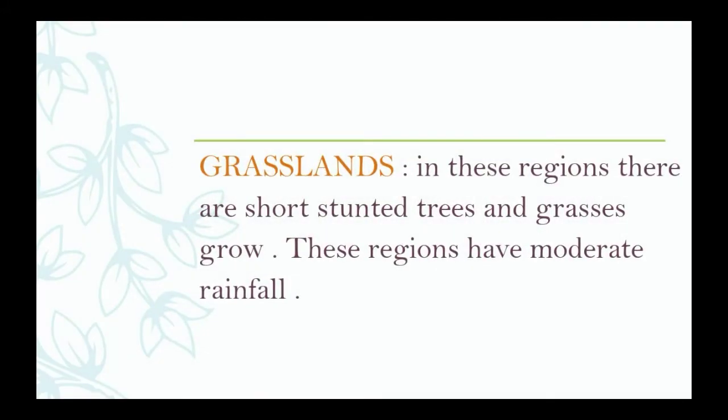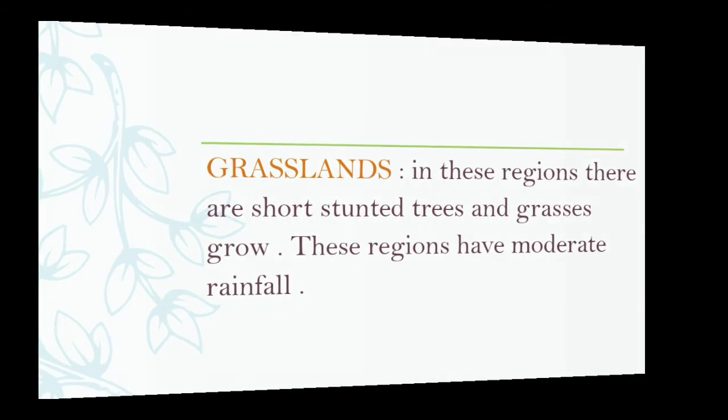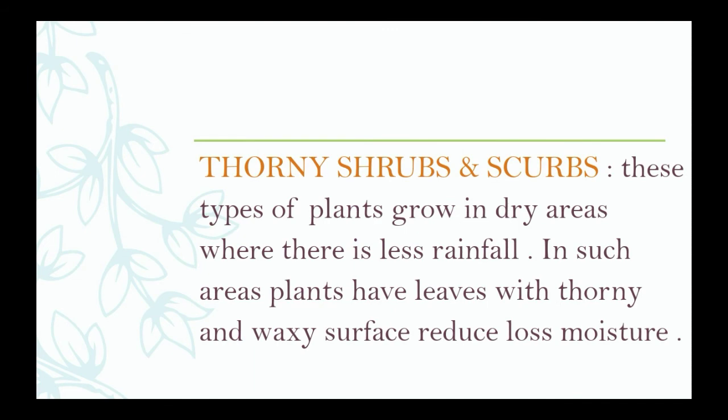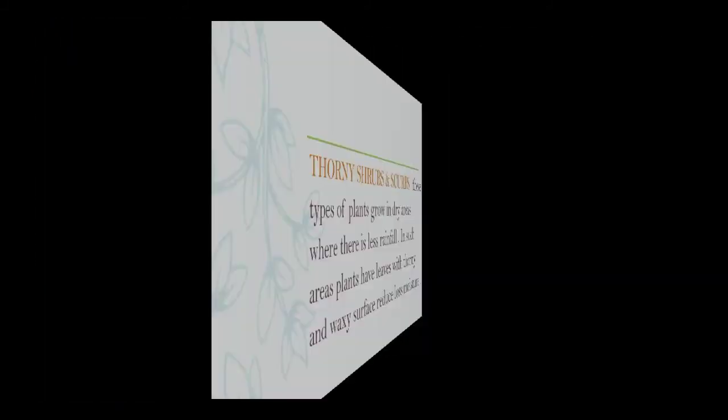In these regions there are short stunted trees and grasses, and these regions have moderate rainfall. Thorny shrubs and scrubs. These types of plants grow in dry regions where there is less rainfall. In such areas, plants have leaves with thorny and waxy surfaces which reduce the loss of moisture.